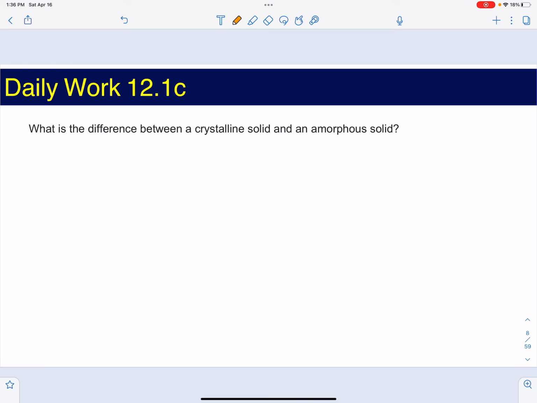So talk about what a crystalline solid is and what an amorphous solid is. You're basically putting in your own words what I just discussed a few minutes ago.